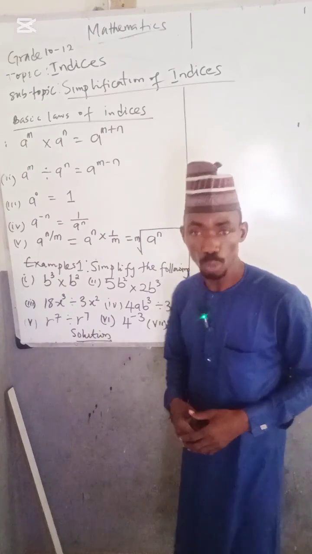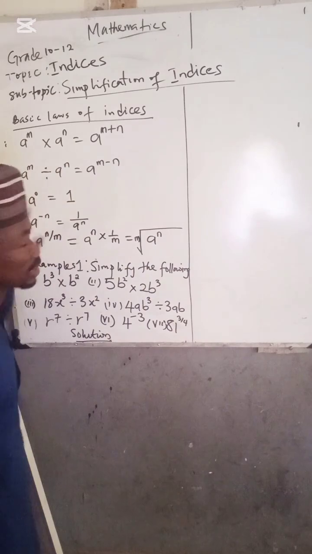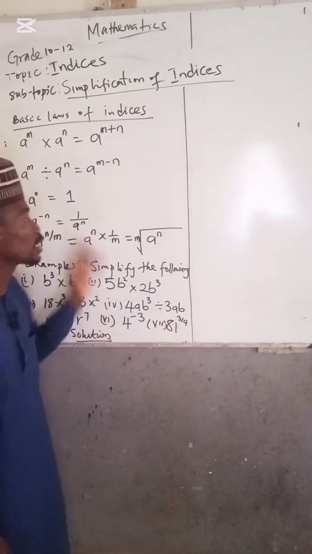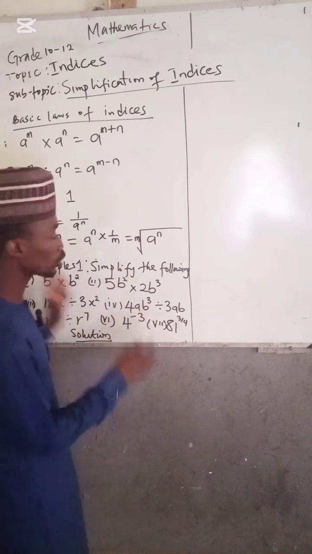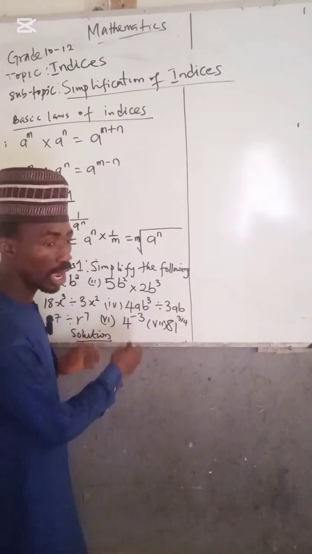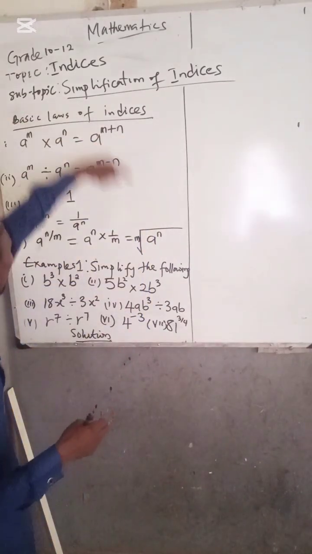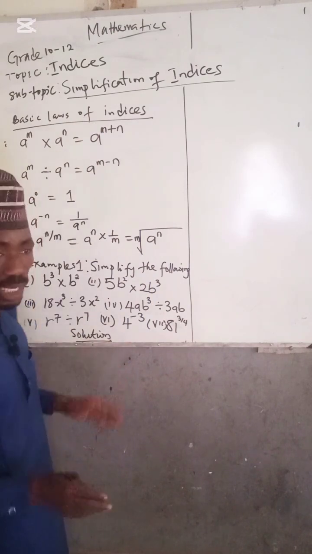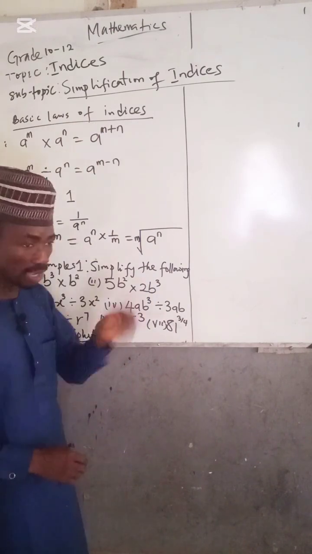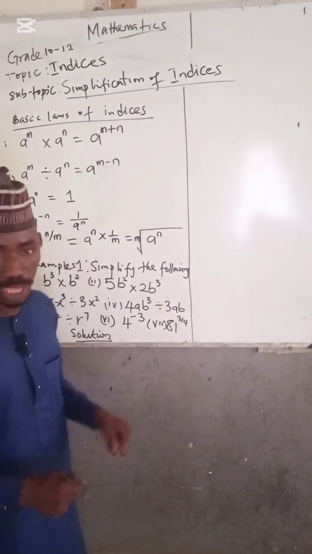On that note, we'll be taking our time to digest this one after the other using different questions. So it means our attention now is to solve as many questions as possible that have to do with this basic law. And I believe when we understand that, we have no problem with index equations or expressions anymore.